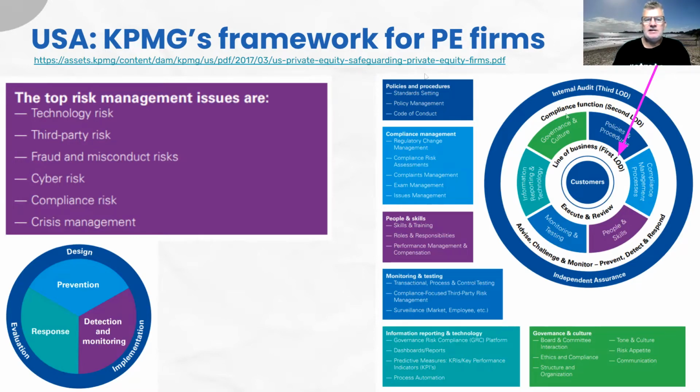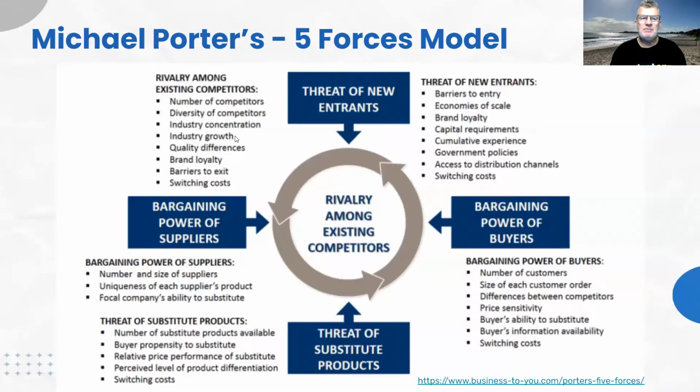Again, there are good articles below these frameworks, which I'll include in the links. Remember Michael Porter's 5 forces. I think it's also a great framework for categorizing, tracking, or at least getting a room full of folks to think about where the risks are in a company.